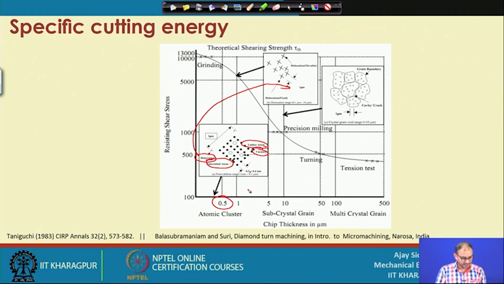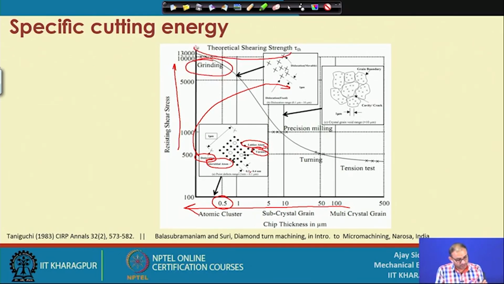these defects within the dislocation. What is important about this diagram is that as your uncut chip thickness reduces, the number of defects you encounter at the higher scale may not be present at the lower scale. So, this energy is continuously increasing as you reduce the chip thickness, and finally you end up with the theoretical shear strength, which reaches an extremely high value.